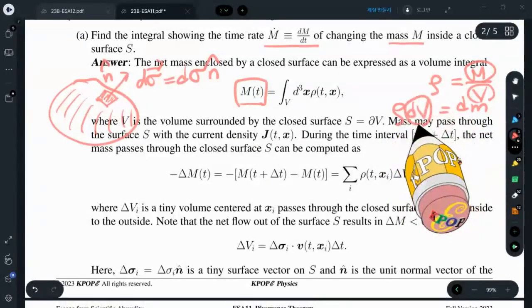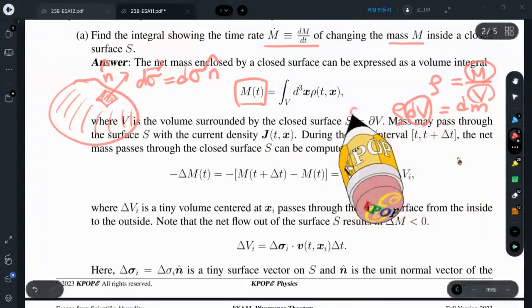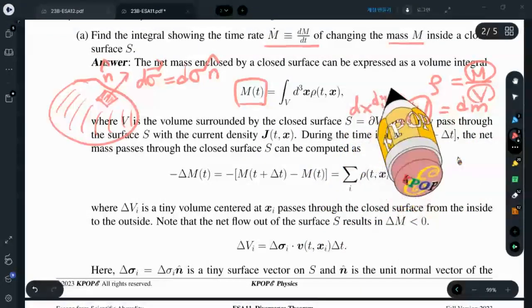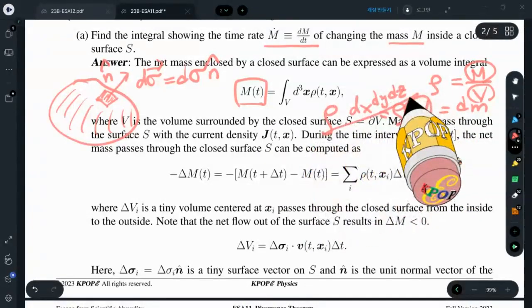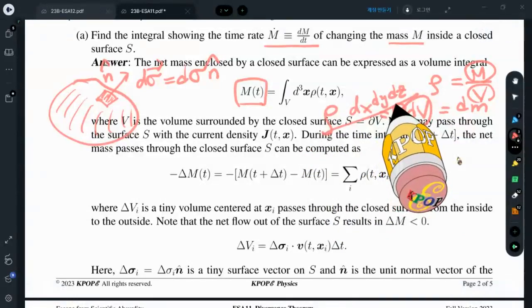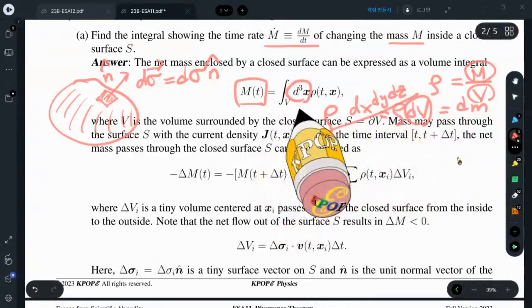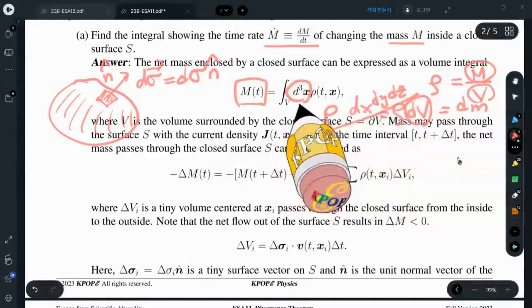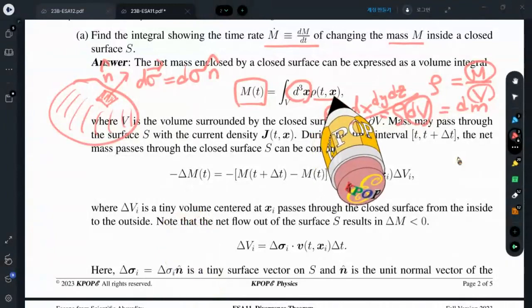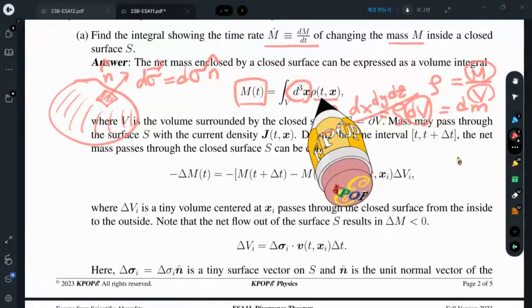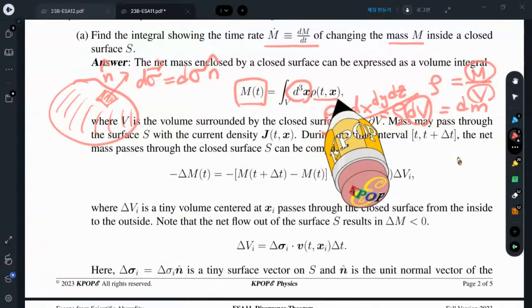And this volume can be expressed as a product of dx, dy, dz. This is compactly expressed as d cube x, the volume element, multiplied by density. Because density is a function of time and position, we have included the argument.